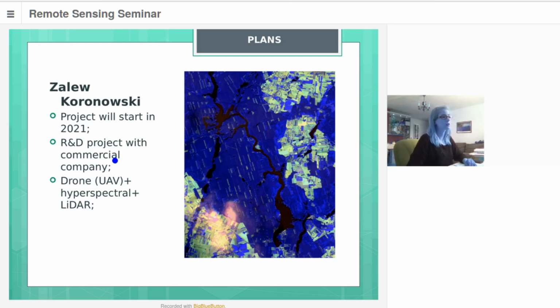This is a research and development project with a commercial company, and we use a drone and hyperspectral camera with LIDAR to monitor Zalew Koronowski, which is all one water body. Here we can sail.